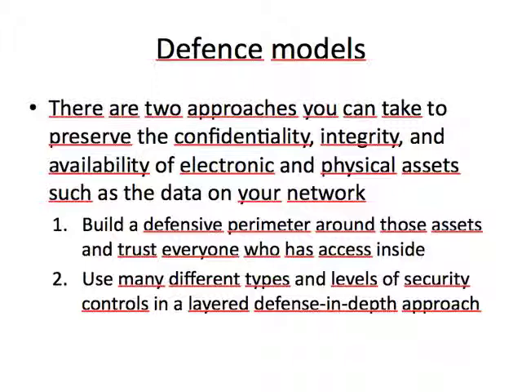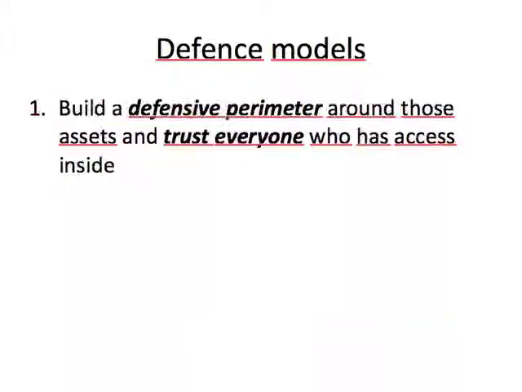The second one is the layered defense in depth approach. So basically we have many levels of security controls in place. With the first one, we build some protection around our data and then trust everyone who has access inside that they will not do anything bad.